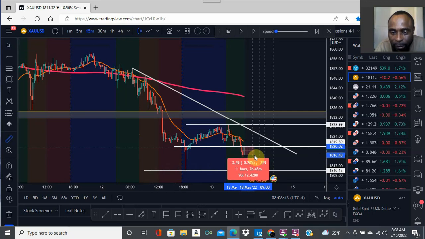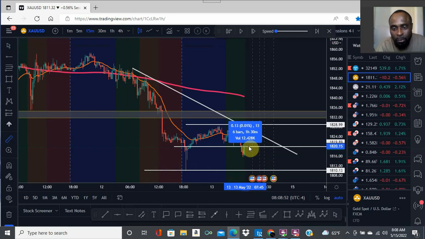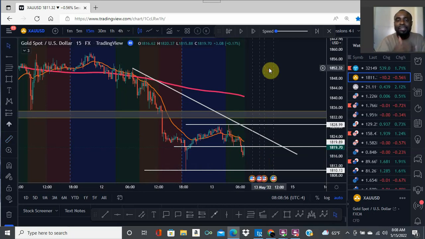It pulled back. It closed there, 30 something pips, and then it pulled down slightly again, 39 pips. Then price went all the way back up here. And this is when it fakes people out. You get so disturbed and stuff. But that's what it's going to do.